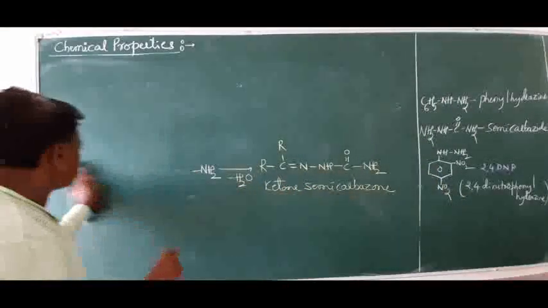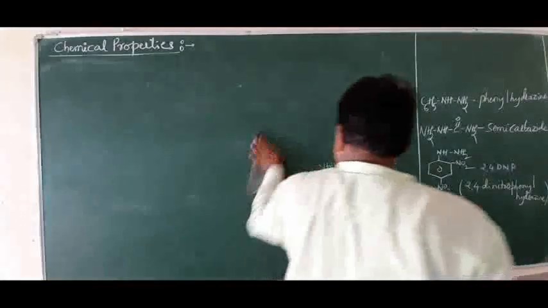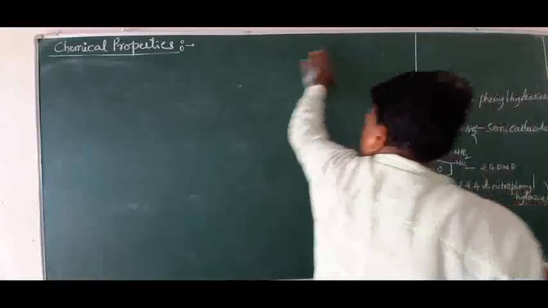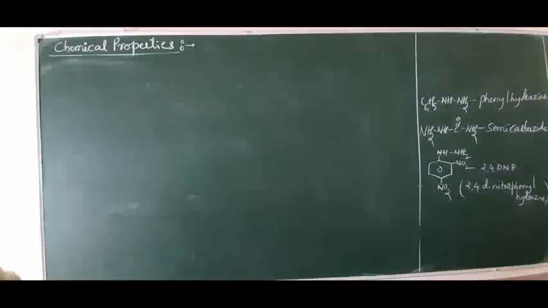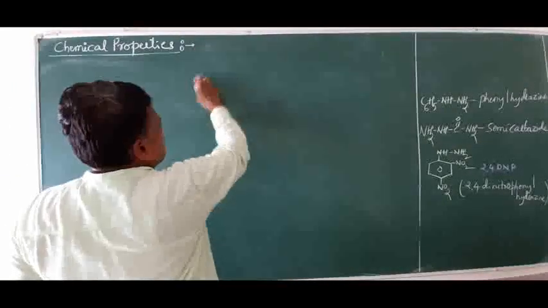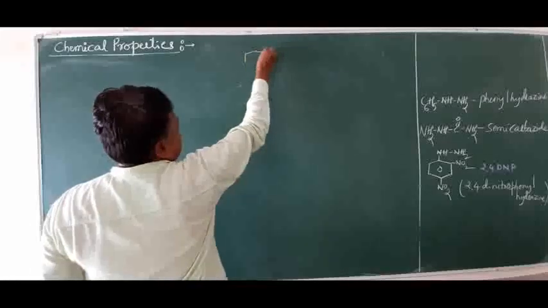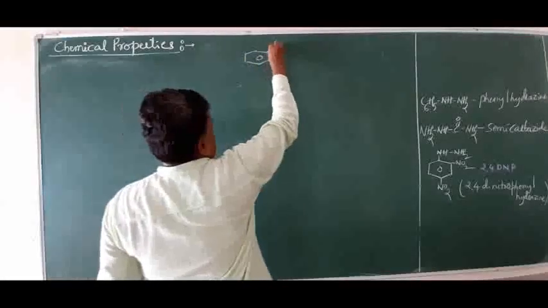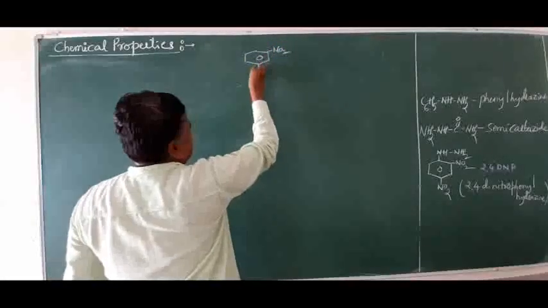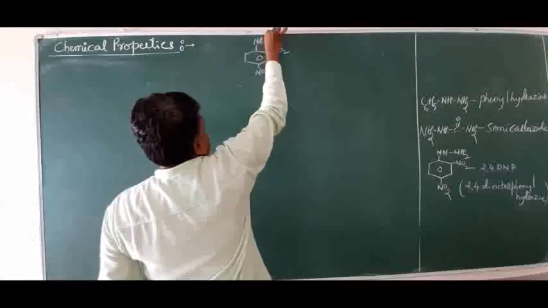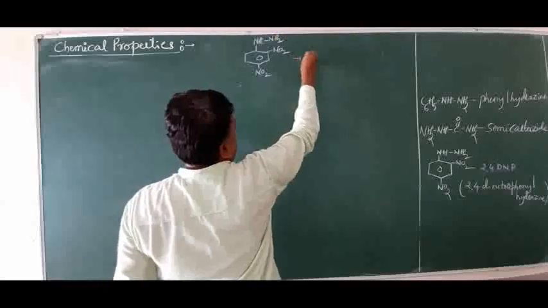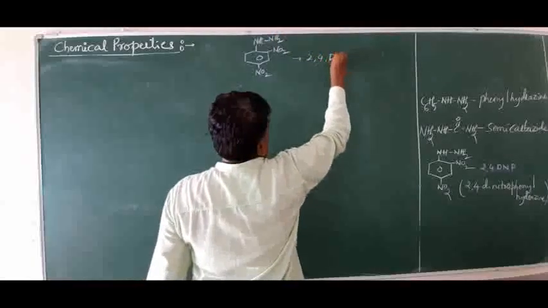A very interesting condensation reaction mentioned in our syllabus. Keep practicing, it's very important. I mention this structure here: the second position has NO2, the fourth position has NO2, with NH and NH2. The name is 2,4-DNP.